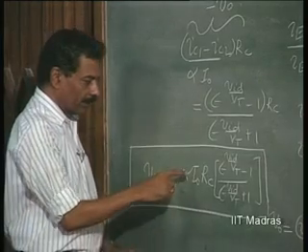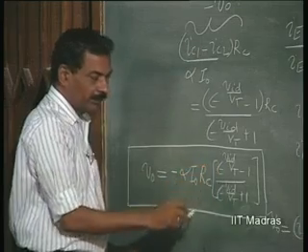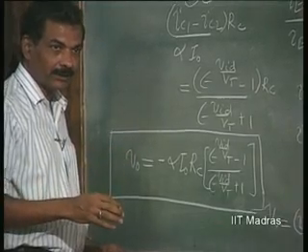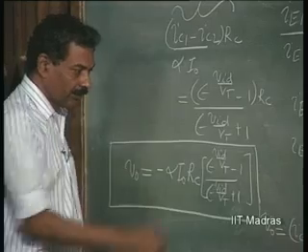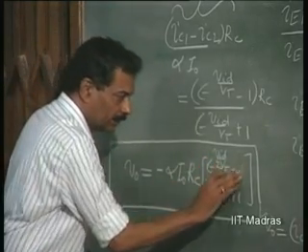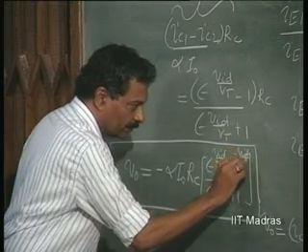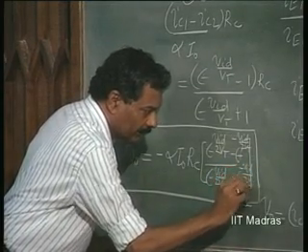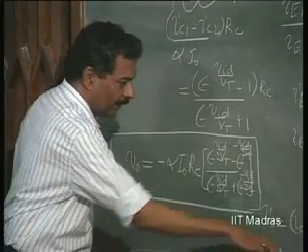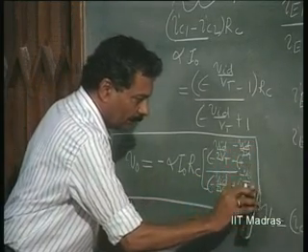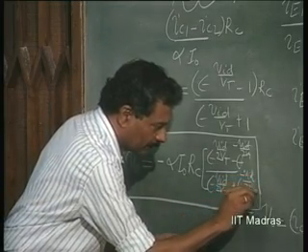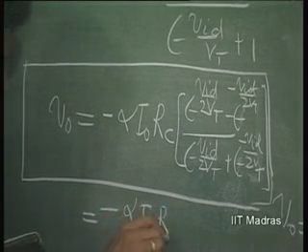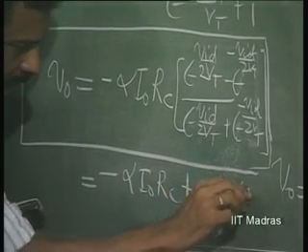This we can write in the following manner: alpha I naught RC, exponent VID by VT minus 1 by exponent VID by VT plus 1. So, I can multiply both sides, numerator as well as denominator, by exponent minus VID by 2 VT. So, what do you get? This will become exponent VID by 2 VT, this becomes minus VID by 2 VT, and this will become exponent minus VID by 2 VT, which is nothing but the hyperbolic tan function.